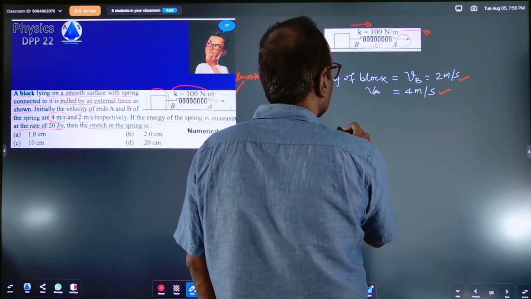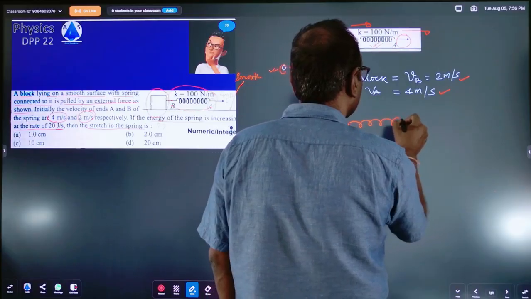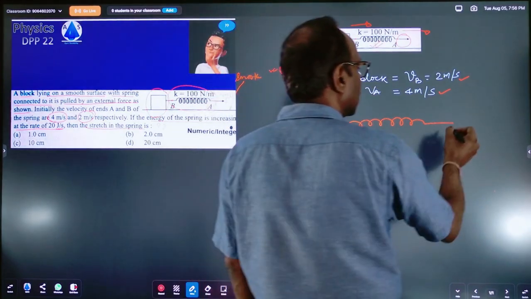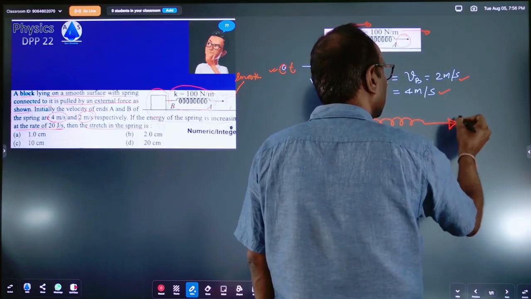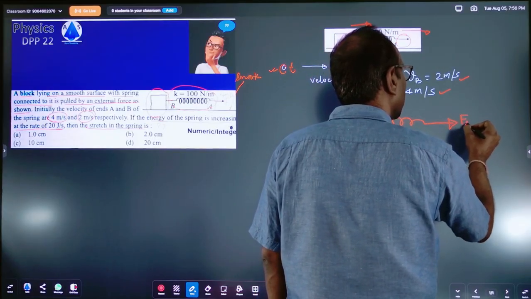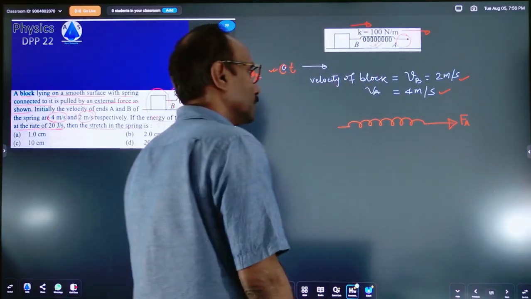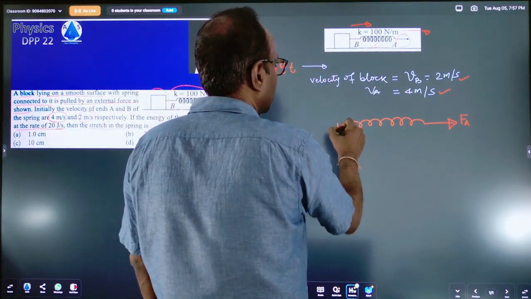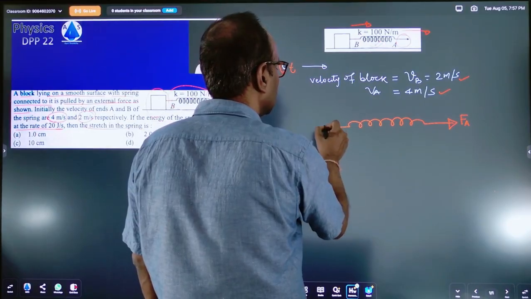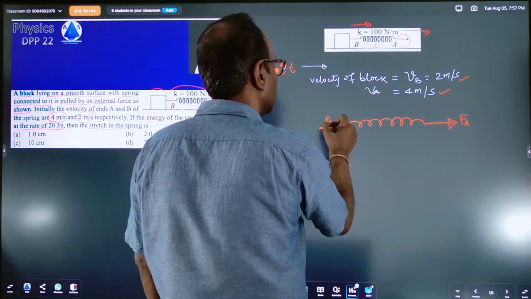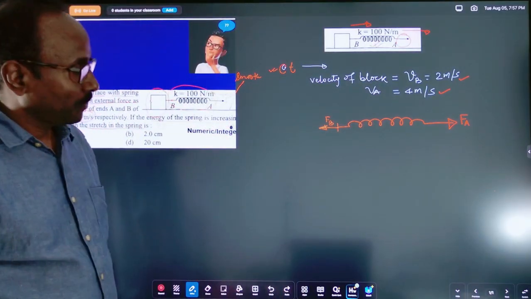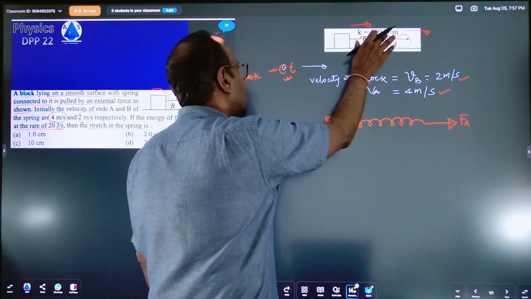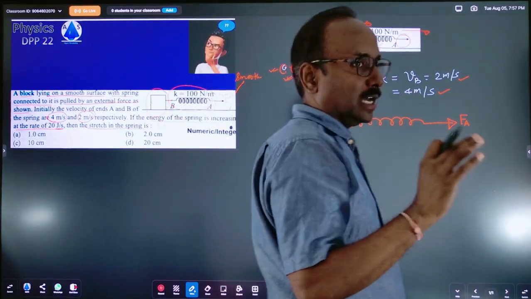So what is the stretch in the spring at this condition? Let us make the free body diagram of the spring. At A, the external force is applied, so we say it is F subscript A. What will be the force at B? At this instant, the spring already has a certain stretch.